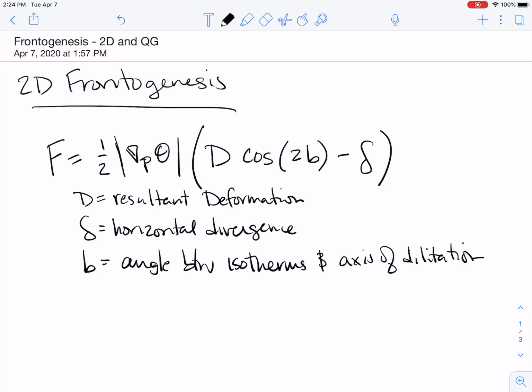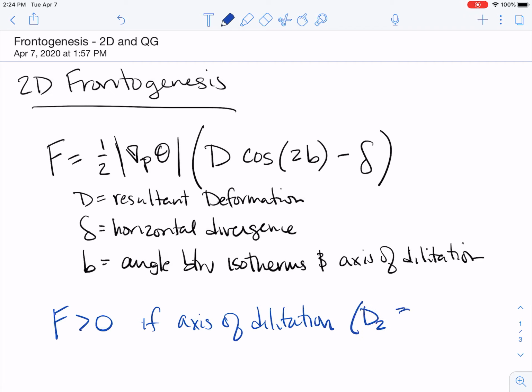But before that, we can state that F is going to be greater than 0, and we will have frontogenetic processes if our axis of dilatation, which is the deformation 2 line, where deformation 2 is our dv dx plus du dy term, lies within 45 degrees of the isotherms.